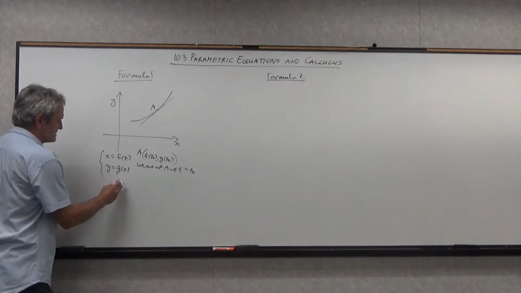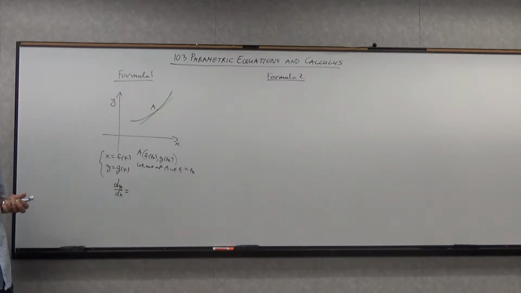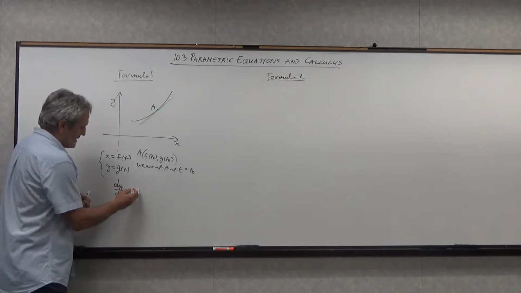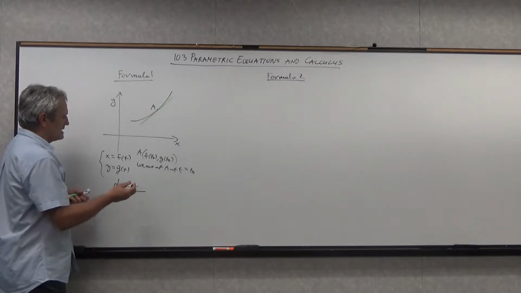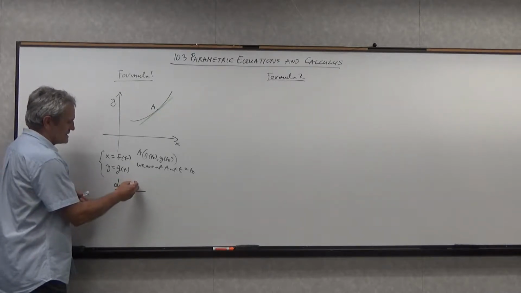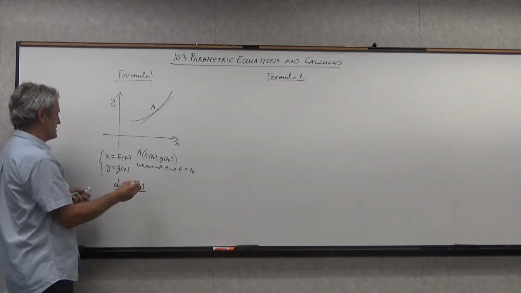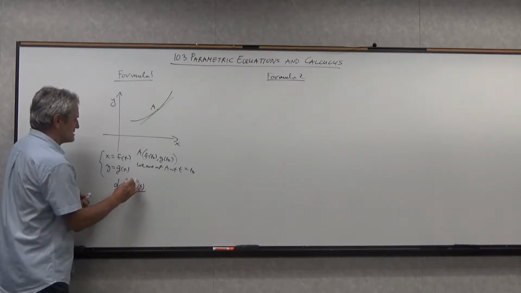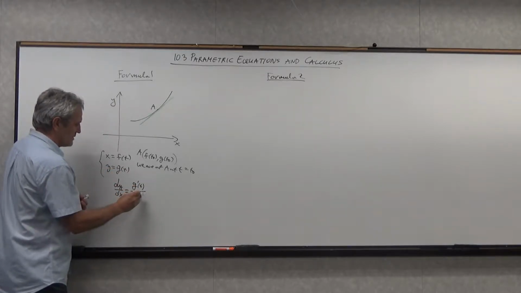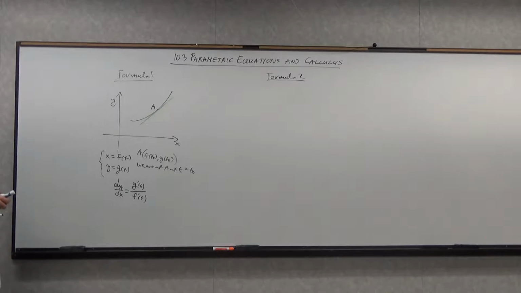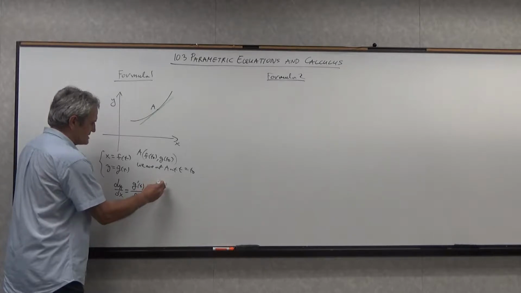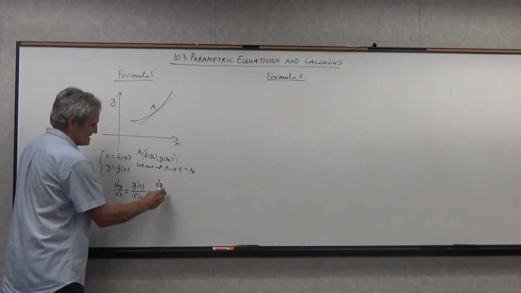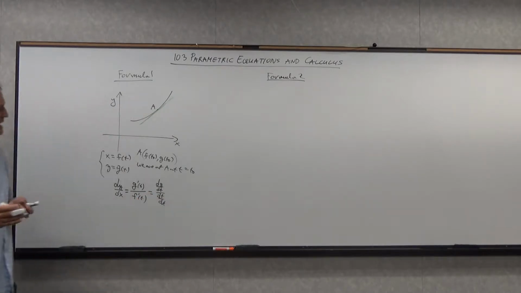So dy over dx is equal to g prime of t over f prime of t, which is basically dg over dt over df over dt, if you write it in this notation.